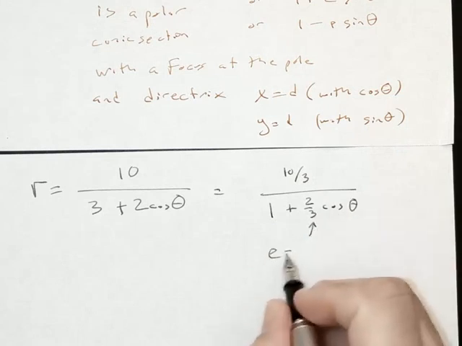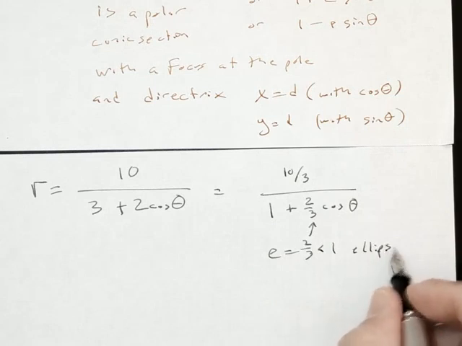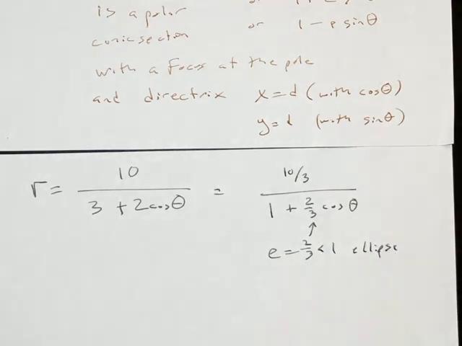Aha. My eccentricity is 2/3, less than 1, so I have an ellipse. And I can tell you what the directrix for this ellipse is. What's the directrix? Now I need the top.